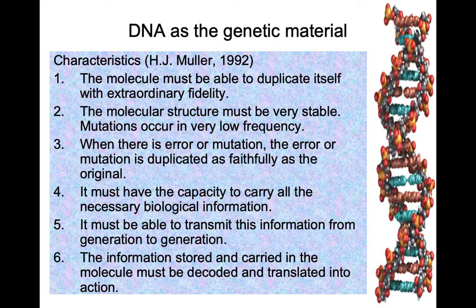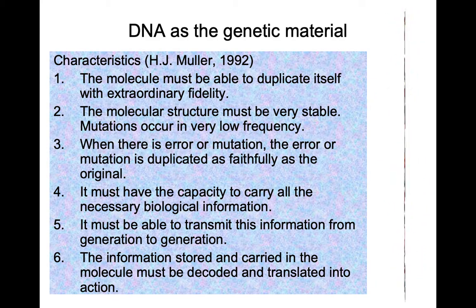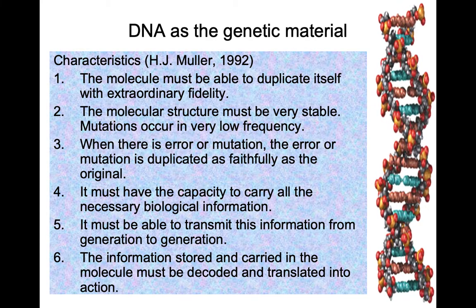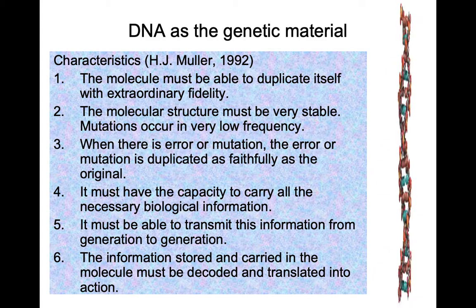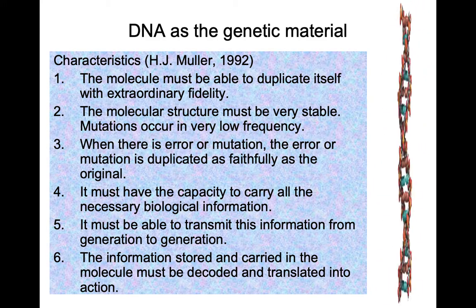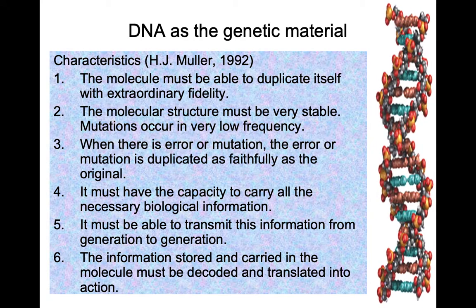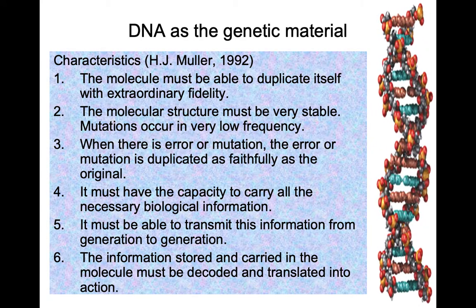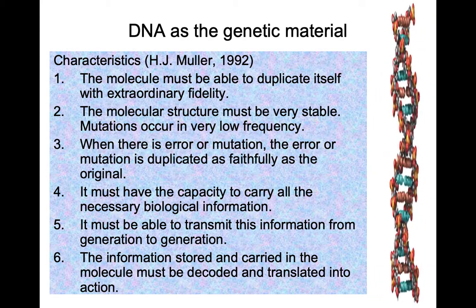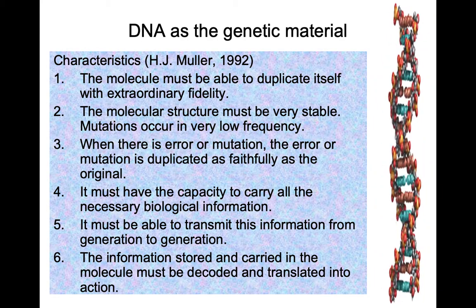Also, without a doubt, the DNA as the primary genetic material is capable of holding all necessary biological information. And aside from holding it, the DNA must be able to transmit the information from generation to generation. And that is beautifully done using additional molecules, using the RNA to be specific. No?